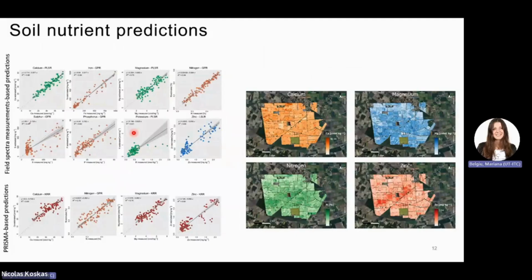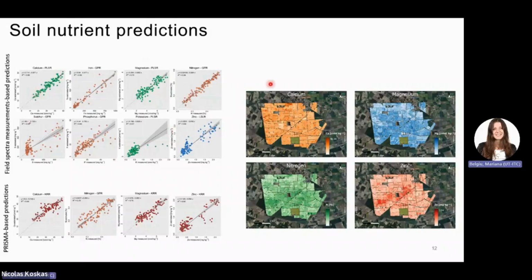What we see on the first part of this slide are different methods that we implemented, and the accuracies of these methods, which are quite high, especially for calcium, iron, magnesium, nitrogen, sulfur, phosphorus, and so on.